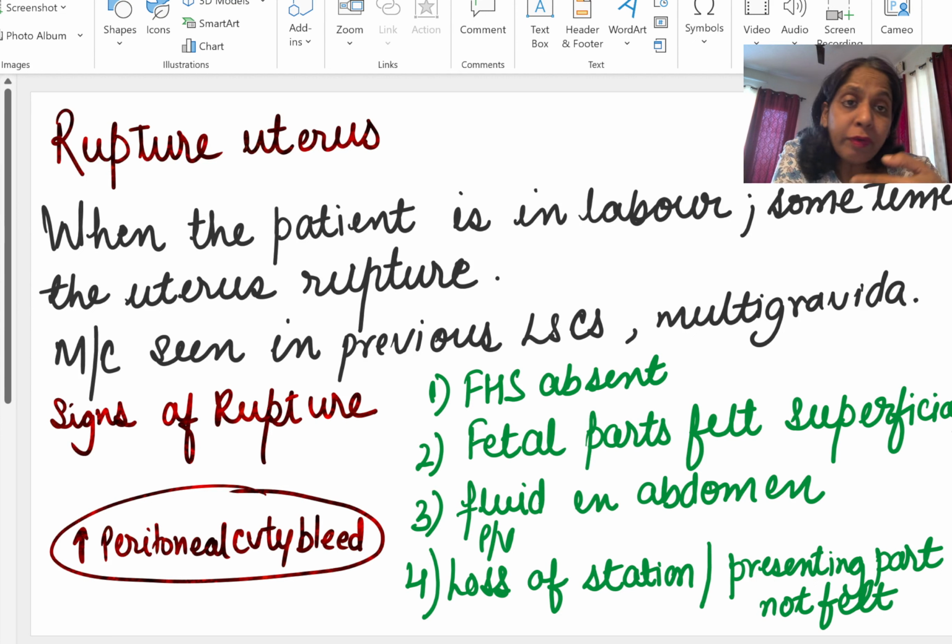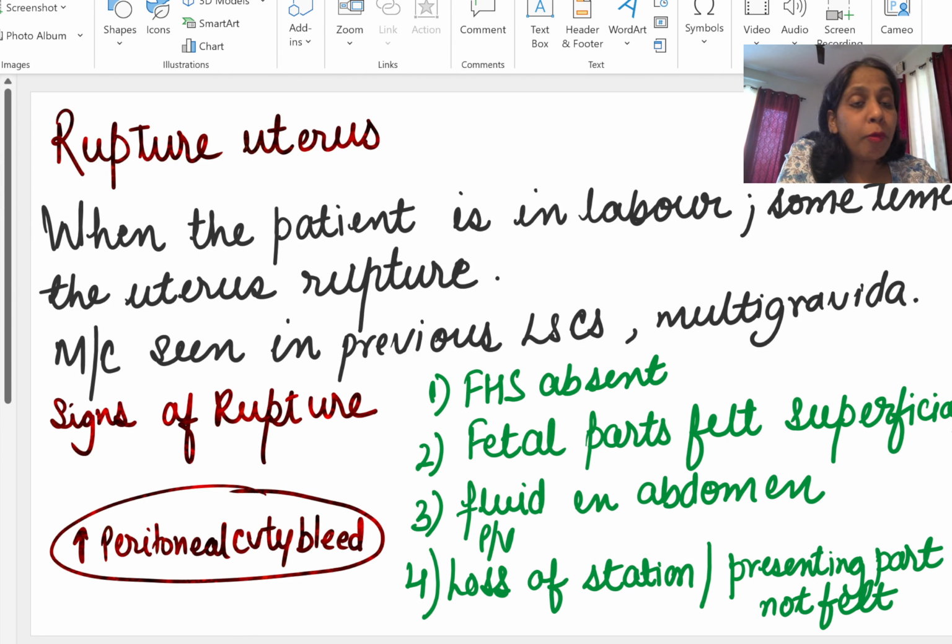First we were feeling it, but as the rupture occurs, the fetus has gone into the peritoneal cavity. Now we will not be able to feel the presenting part on the PV. That is known as loss of station. First we were able to feel it, but after the rupture of the uterus we are not able to feel it. So this is the number 4 point, loss of station, or you can say presenting part not felt.